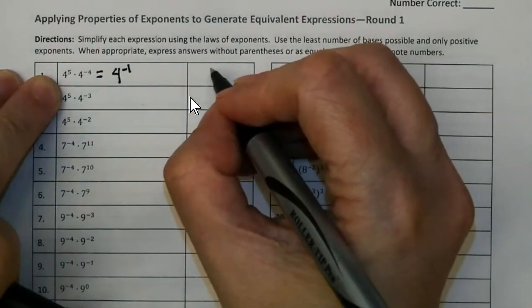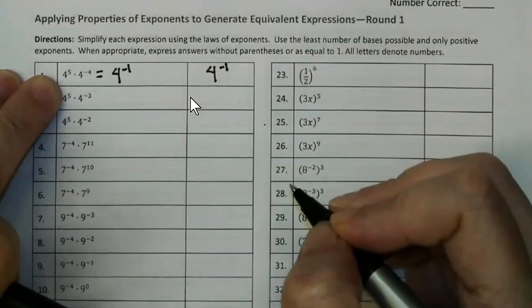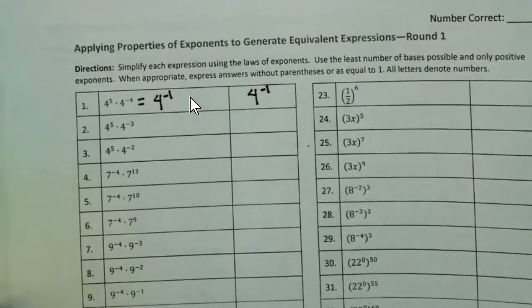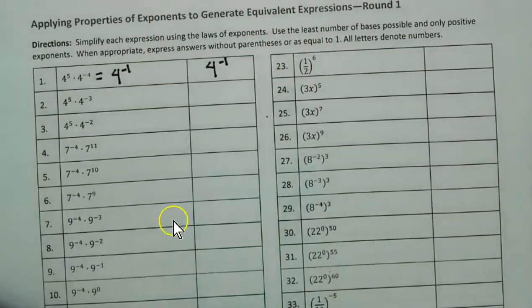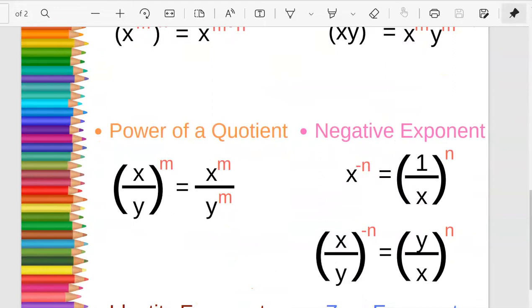So you can write that over here as 4 to the -1, or you can go ahead and expand that further. If I look at my rules, here's my rule for negative exponents. X to the -n power is the same as 1 over x to the positive n power.